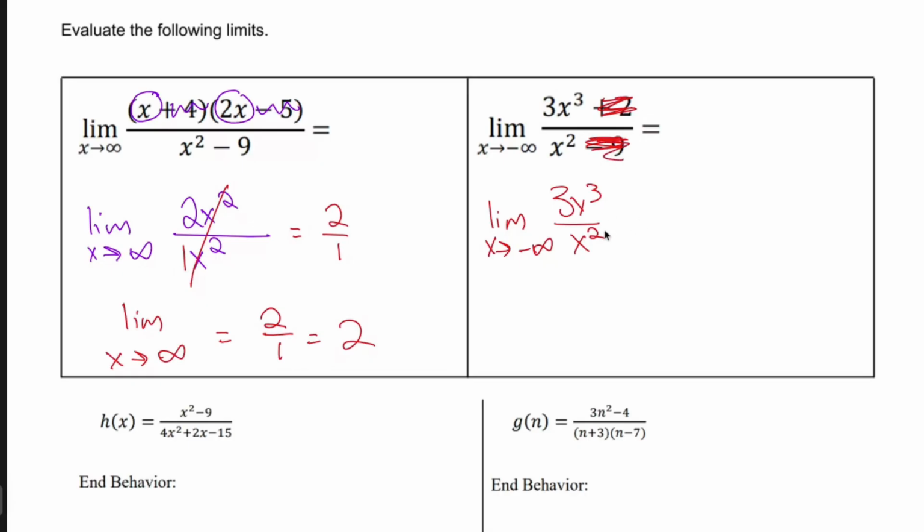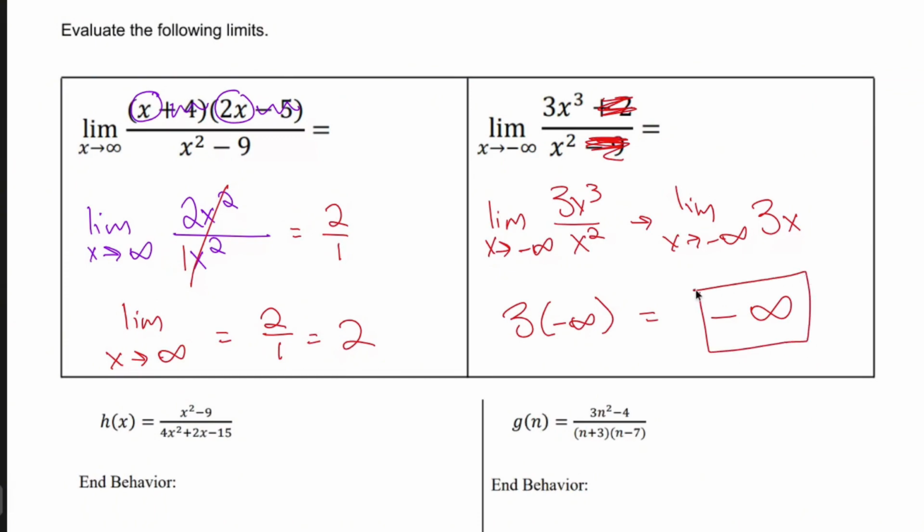We simplify that to get the limit as x approaches negative infinity of 3x cubed over x squared, which is just 3x. If we plug in negative infinity, we get 3 times negative infinity, which is negative infinity. So the limit as x approaches negative infinity of this guy is also going to be negative infinity.